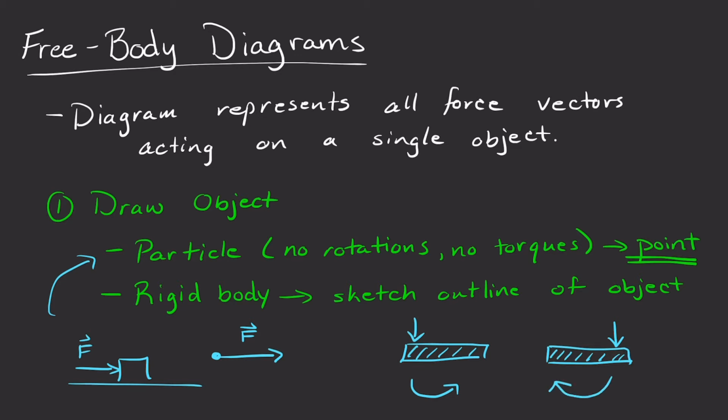So in this case, where you put the force matters. And so you can't just represent the beam as a particle, because you need to draw the object itself to represent where the forces are. Okay? So depending on where you're at in your physics or mechanics class, or depending on the scenario that you're looking at, you'll either draw your object as a particle or as a rigid body and actually sketch it out.